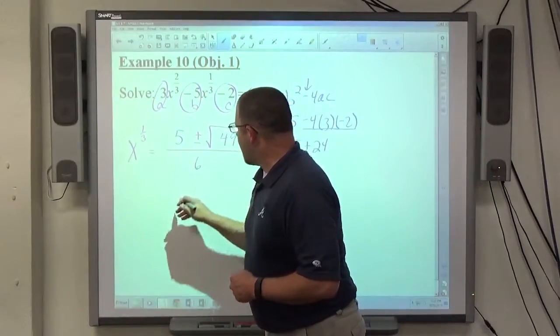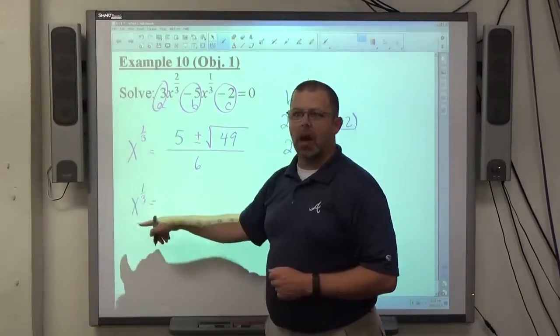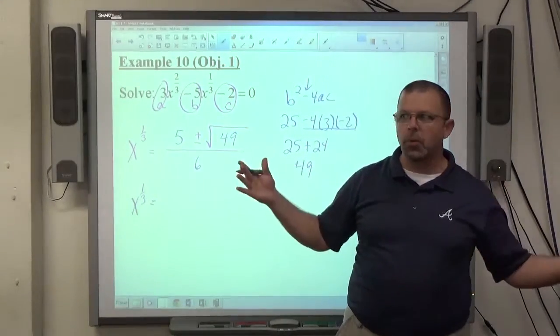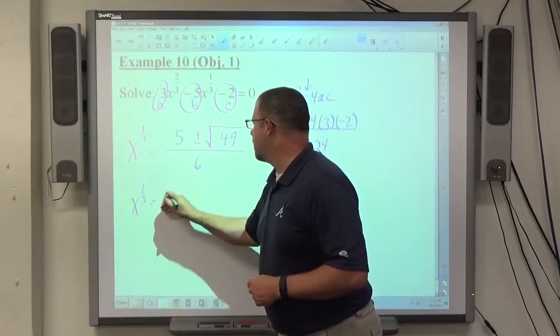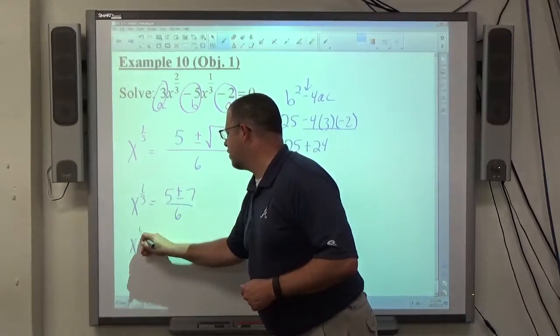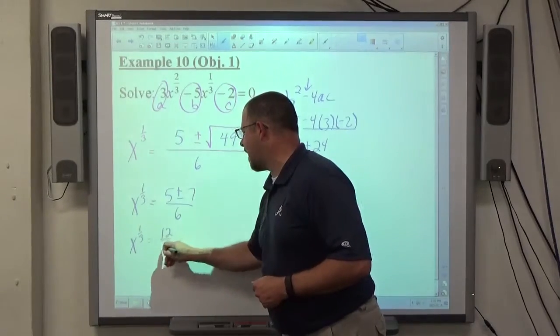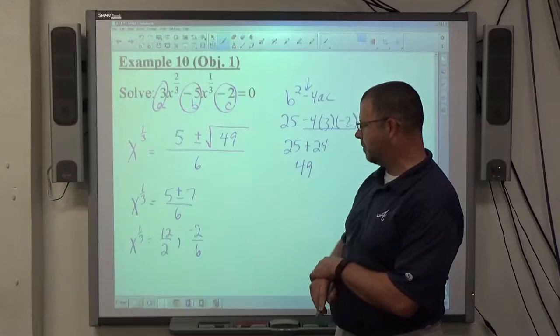So if I simplify, I'm going to get x to the 1/3 power. And again, keep bringing this down because the most common mistake people make is they don't deal with that power to get the final answer. So we have 5 plus or minus 7 over 6, which gives me x to the 1/3 power is equal to 12 over 6 if I add on top, -2 over 6 if I subtract on top.